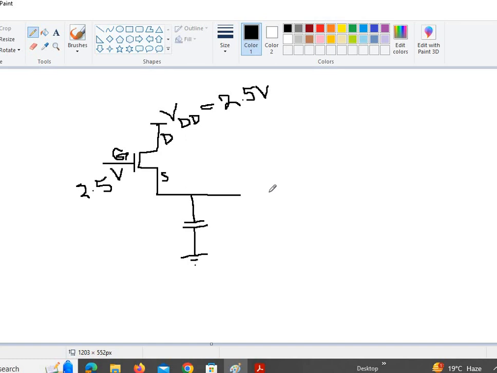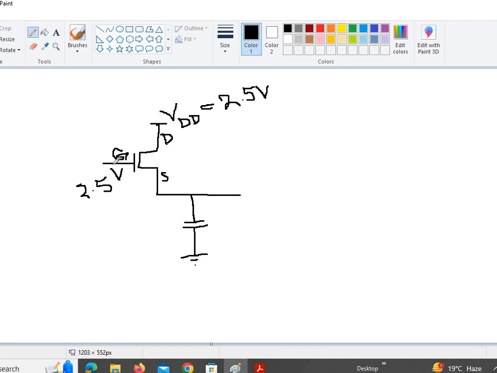Then it's going to charge up to 1.5 and up to 2 volts, so VGS becomes 2.5 minus 2 equal to 0.5 volts. So we are getting closer and closer to the threshold voltage of this NMOS transistor now. Once it gets to 2.1 volts, VGS becomes 2.5 minus 2.1 equal to 0.4 volts. At that point, we are at the threshold voltage of this transistor.